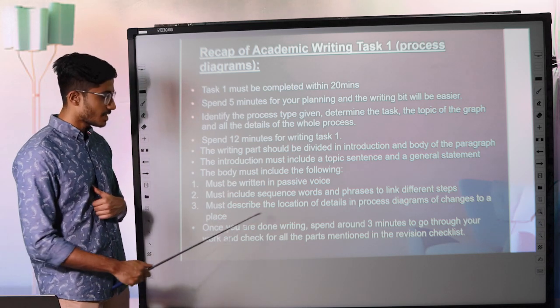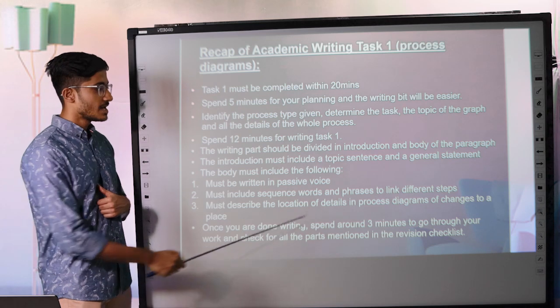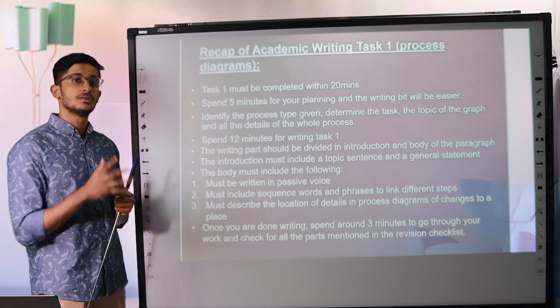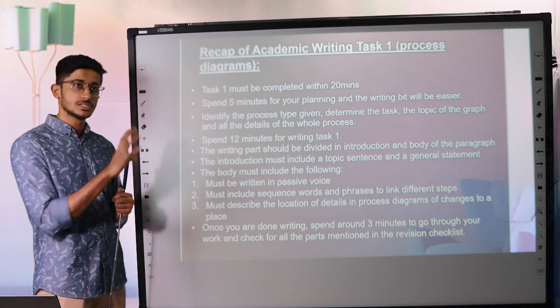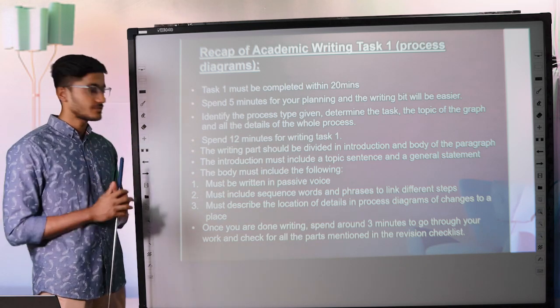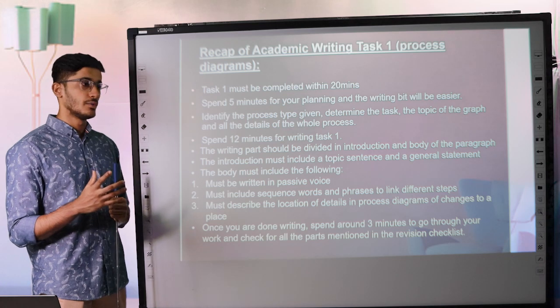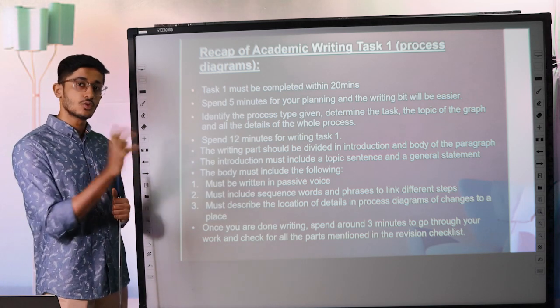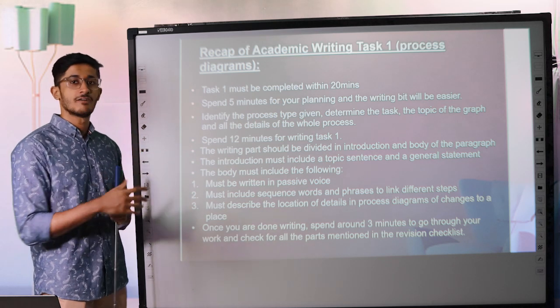Then you must describe the location of the details in process diagrams of changes to a place. So when you're talking about the before and after process diagram, the snapshots of a before and an after, when you're dealing with those diagrams, it is very important that you mention the location of where the changes have been made.